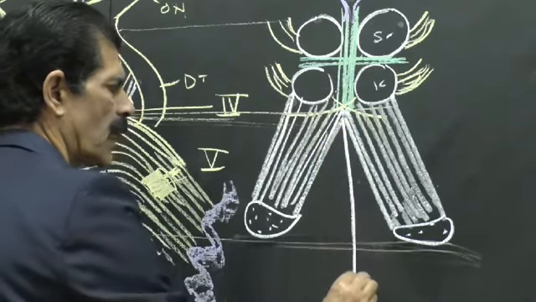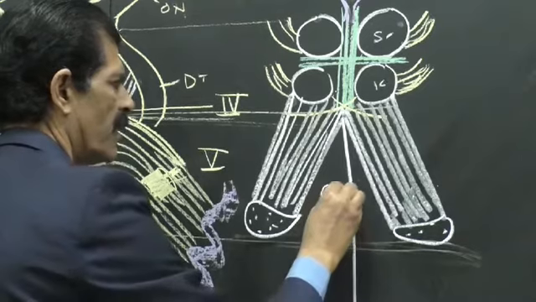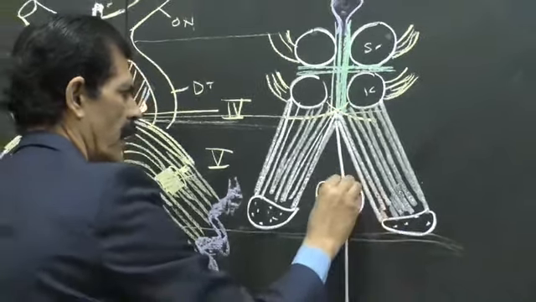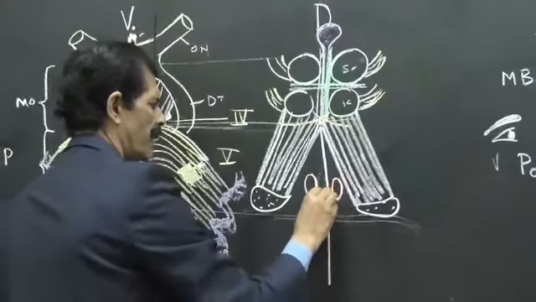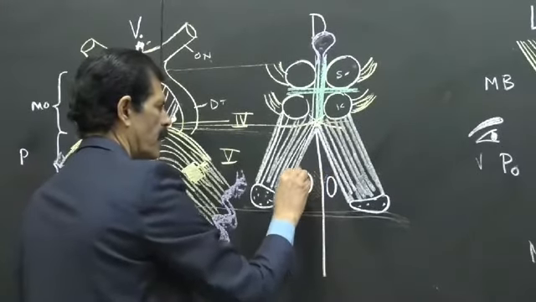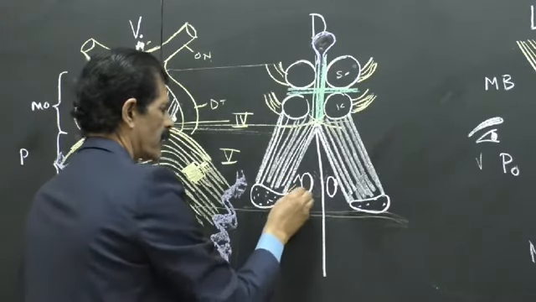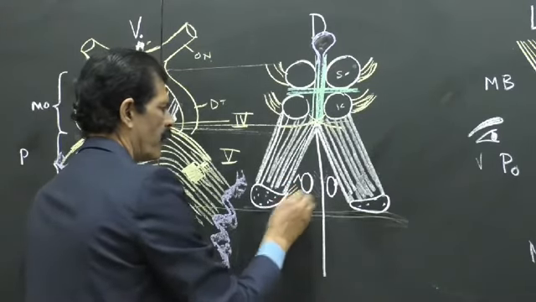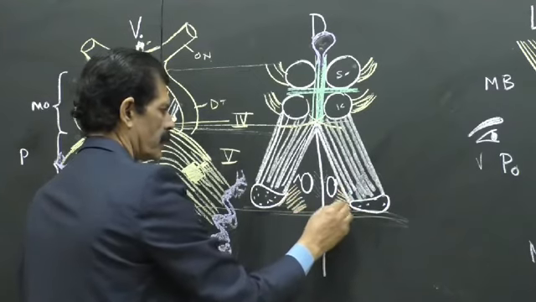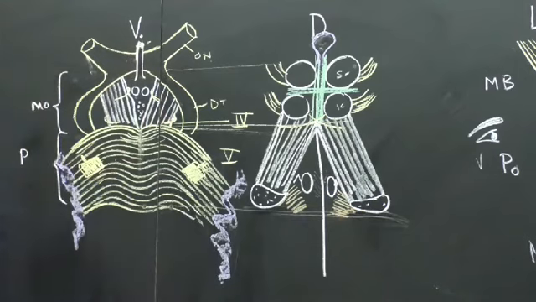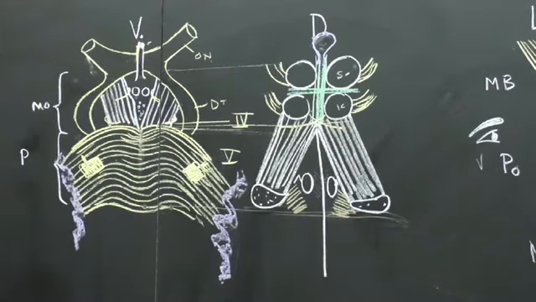The posterior median sulcus and two elevations which are called facial colliculus. And medially there is a medial eminence. Then there is a superior fovea, and lateral to the superior fovea and facial colliculus lies the vestibular area. So this is how we draw the dorsal aspect of the pons.